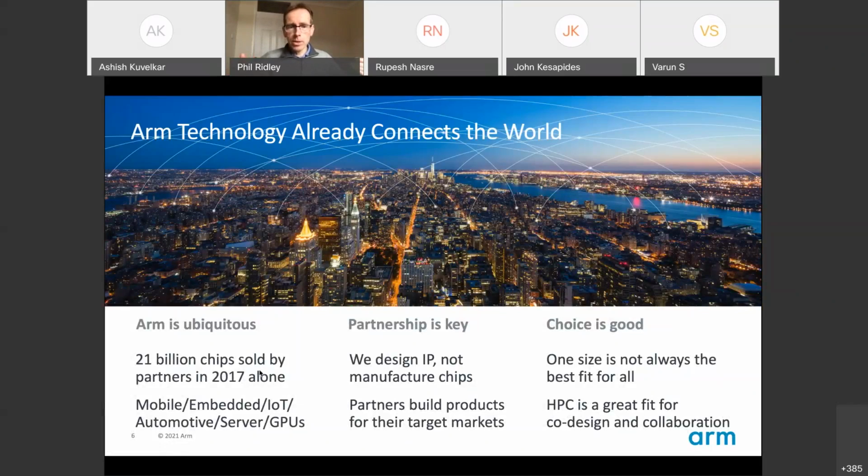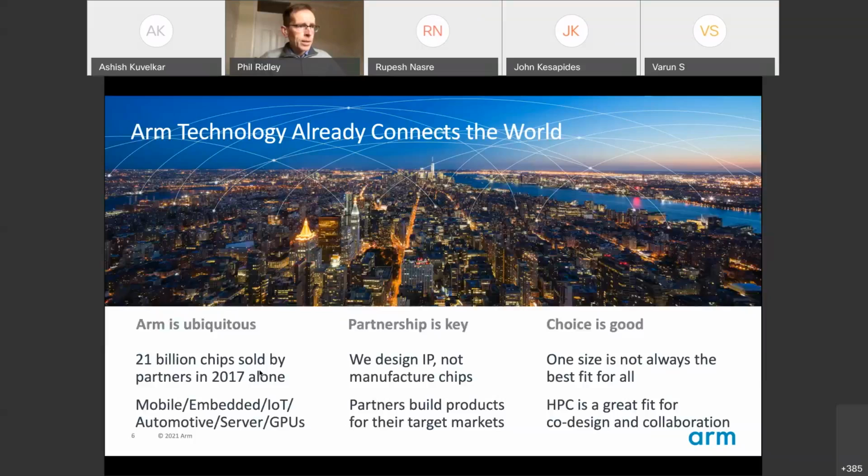We design the intellectual property, or IP, or design of the instruction set architecture. Then we license that to partners who then go on to actually fabricate the end processor. So the processors that you may use in a device have not actually been made by ARM as a company, though we have designed the architecture, the instruction set architecture.